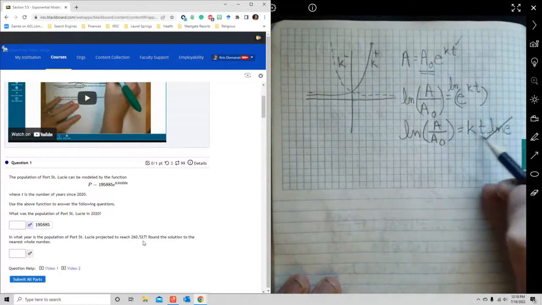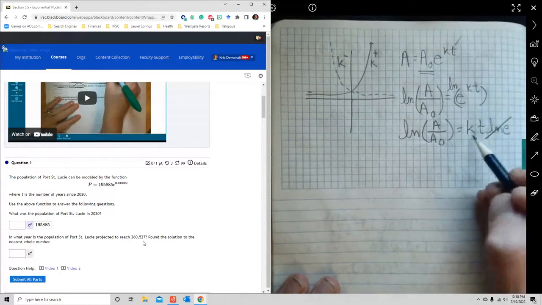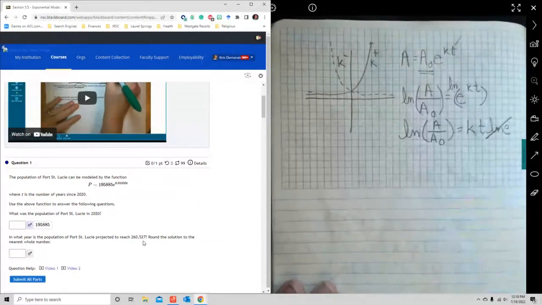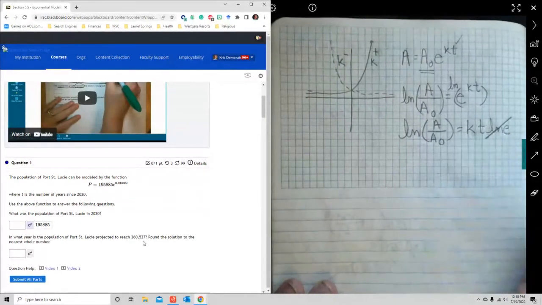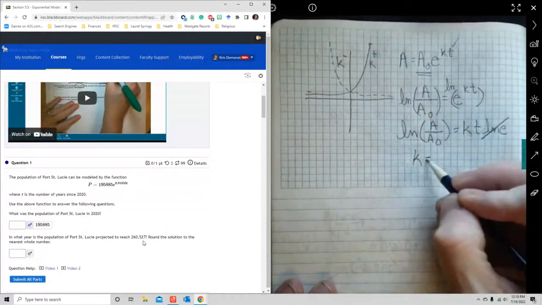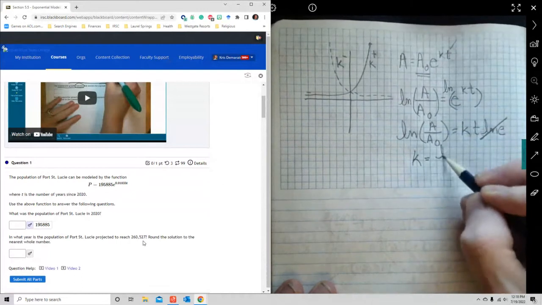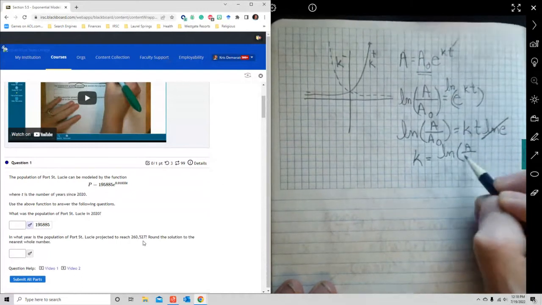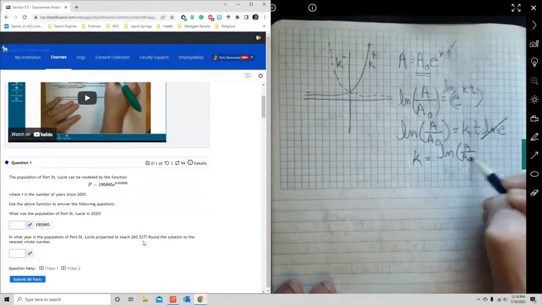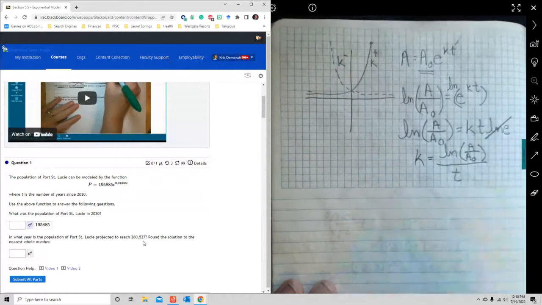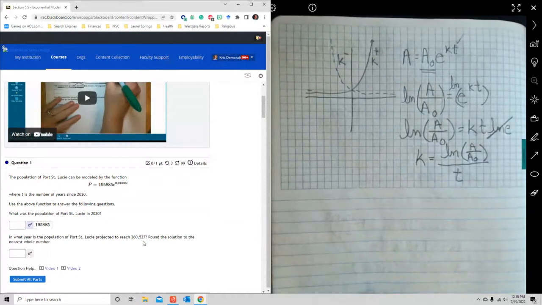Now, that means that you can solve, and this is very important. This can go one of two ways. You can go ahead and solve for t or k based off of this formula right here. Just a matter of which one you want to divide by, here. So if you want to find out k, which a lot of times you do, you're going to go ahead and take ln of projected value divided by initial value, all divided by t, how long it takes to get to that k.